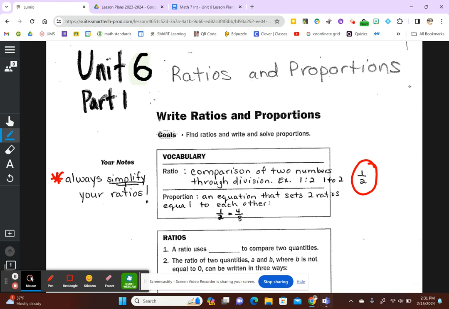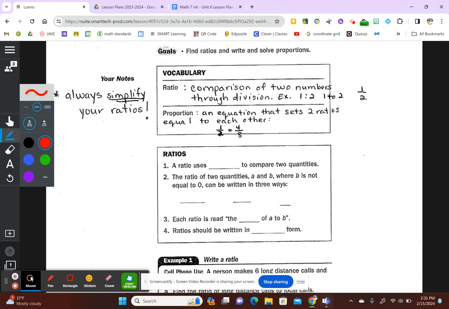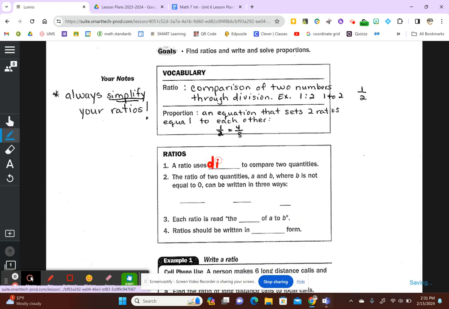And an equation that sets two ratios equal to each other is called a proportion. So when we say 1/2 equals 4/8, that is a proportion. Okay. Now, a ratio uses division to compare two quantities.